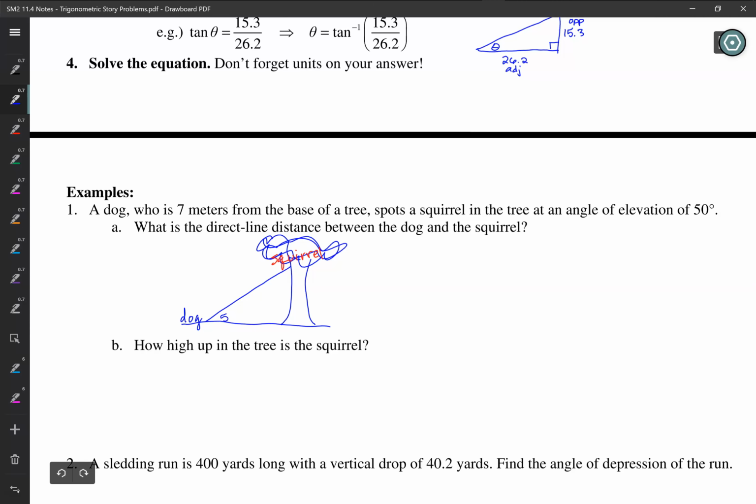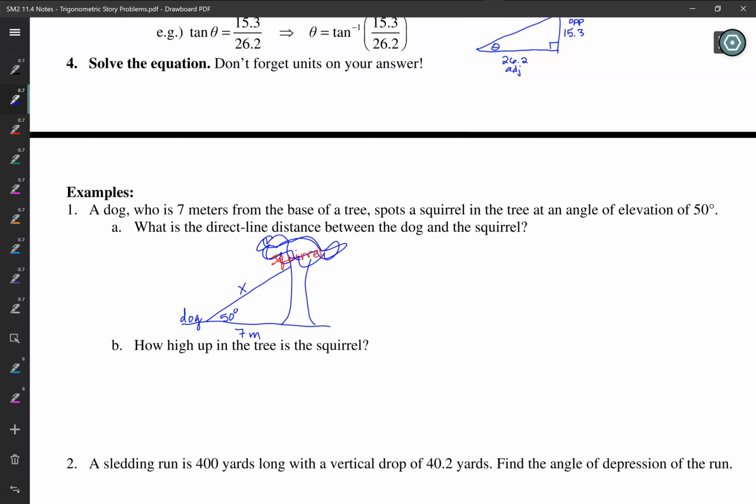So we have a 50-degree angle of elevation. The dog is 7 meters from the base of the tree. And we want to know what the distance between the dog and the squirrel is. So that would be this distance right here.